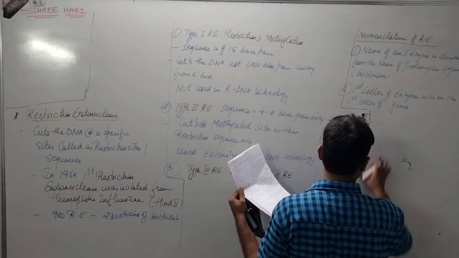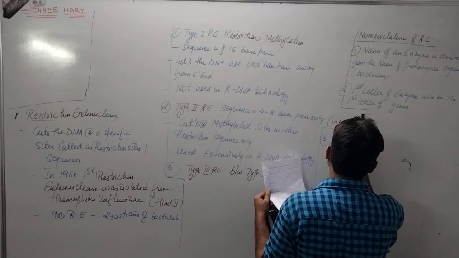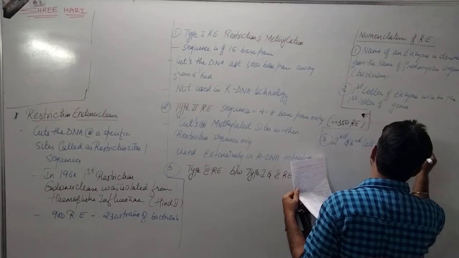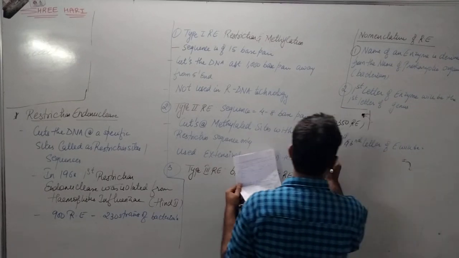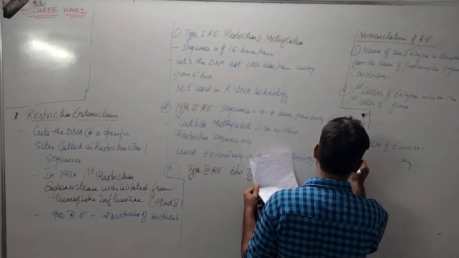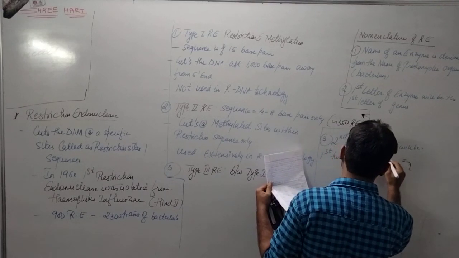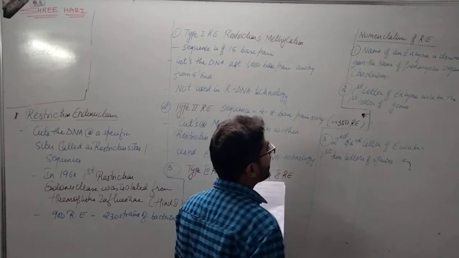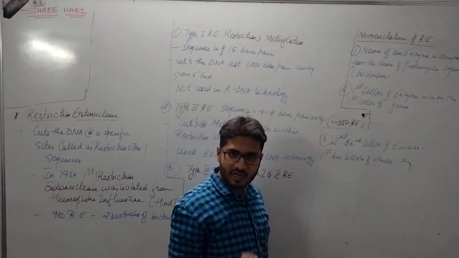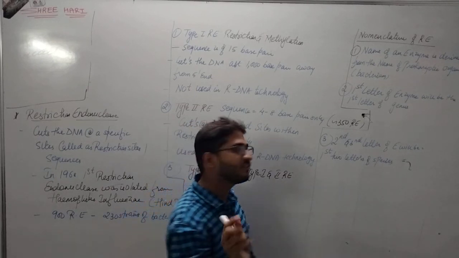This is very interesting to note and it is important also. The first letter is equal to the first letter of genus only. The second and third letters of the enzyme are equal to the first and second letters of the species, that is, the specific epithet.